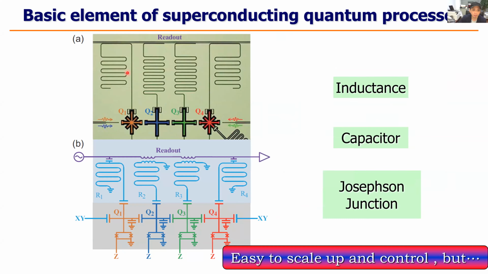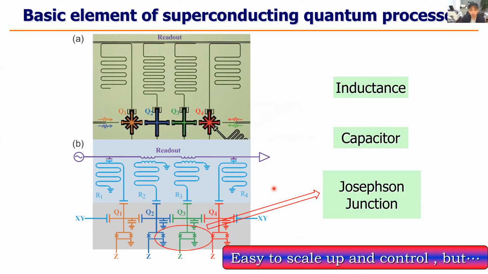So you see, this is the picture of our 4-qubit processor, and this is a diagram of the system. You will see in this system, it always includes, for example, inductance, capacitor, and the Josephson junction.